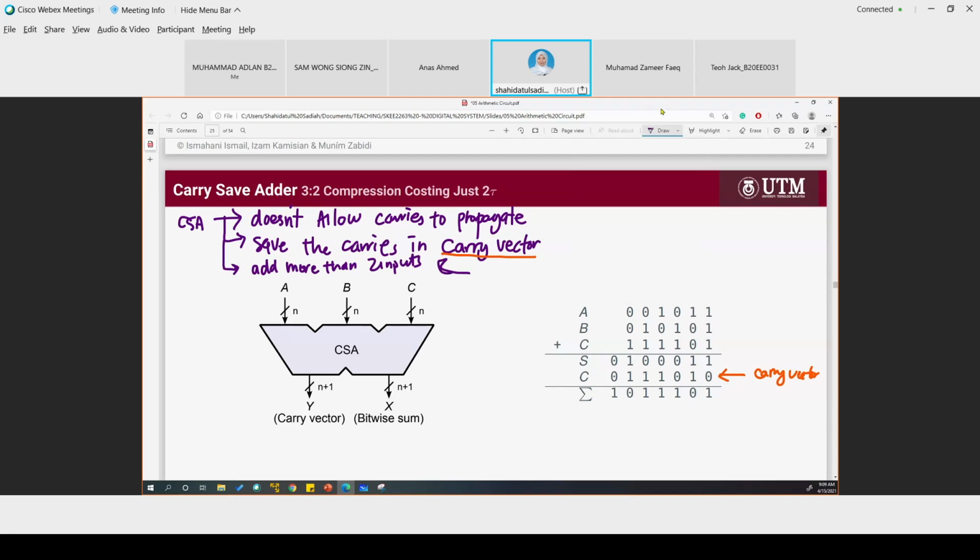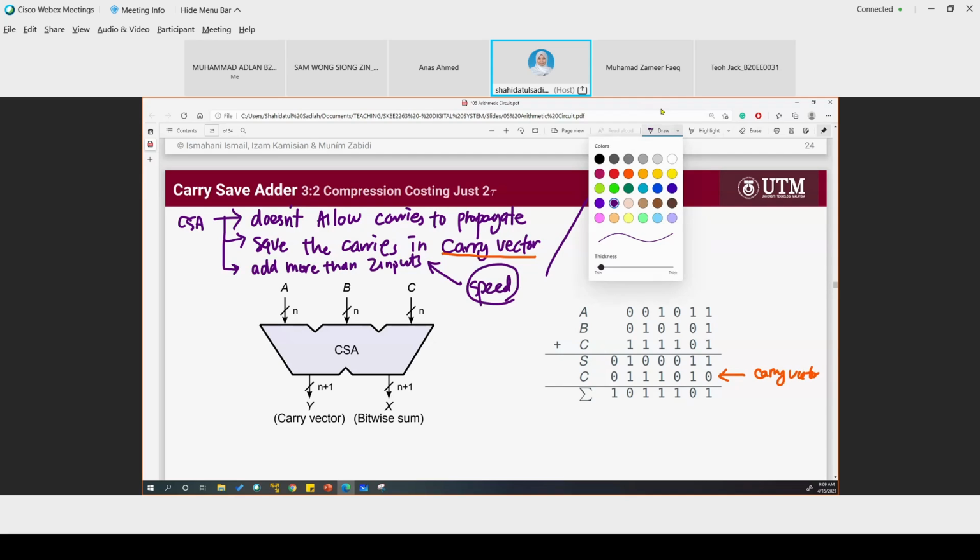That's why this adder has the speed, right? Well, in comparison to the CLA and the ripple carry adder, this type of adder will allow propagation. Will allow the propagation of carry.